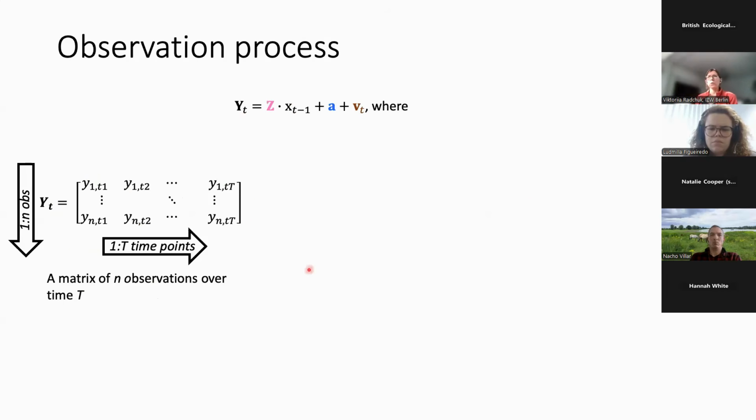And now we come to our observation process. On the left-hand side, we have a matrix Y_t. It's a matrix of N observations that are, again, in the rows. And in the columns, we have time t.